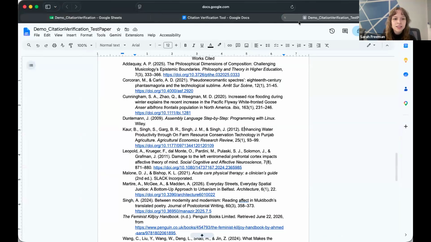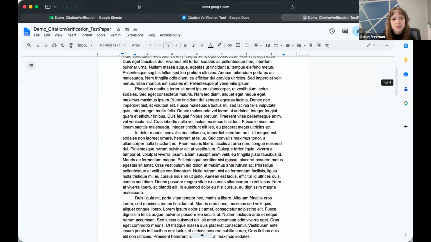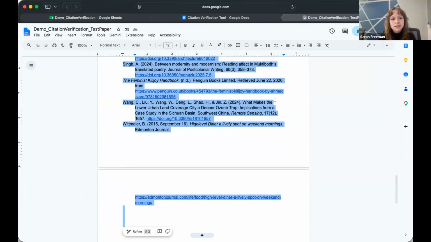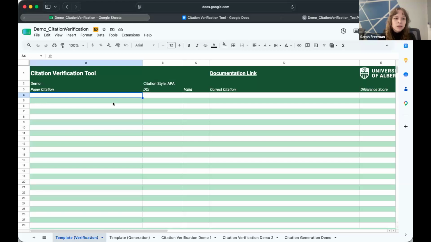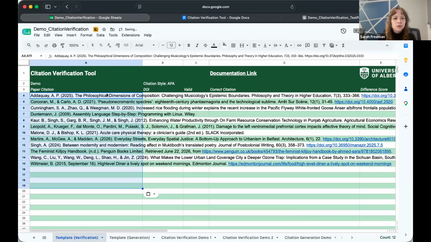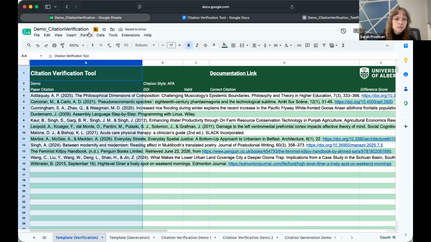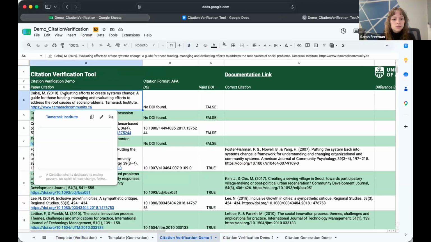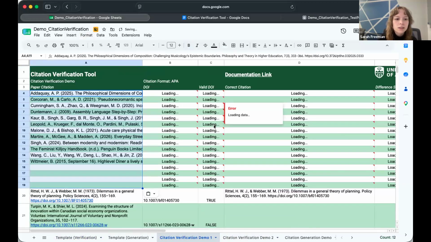So I've got a test submission here, and say I want to check the works cited list for this submission to see how accurate it is. I can just copy and paste it into the tool.